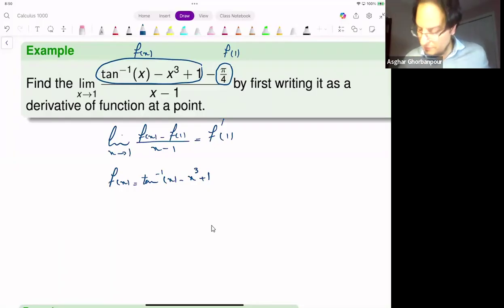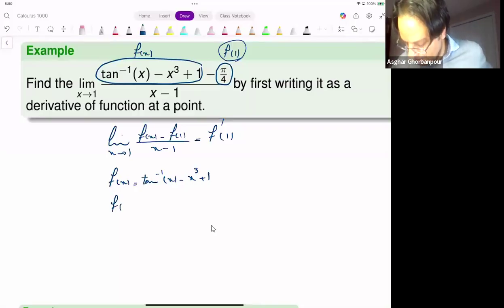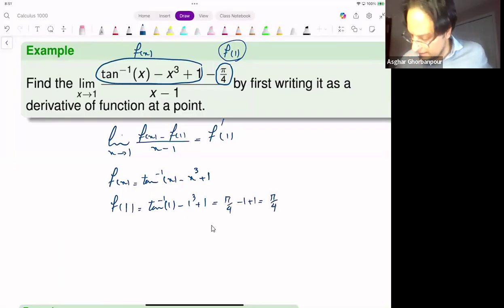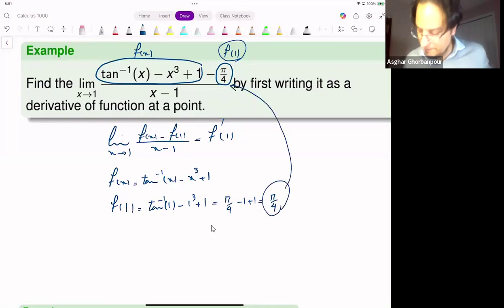But if you include 1, then f at 1 is supposed to be pi over 4. f at 1 is tan inverse of 1 minus 1 cubed plus 1. That is pi over 4 minus 1 plus 1. That is pi over 4. And that's what we were expecting.